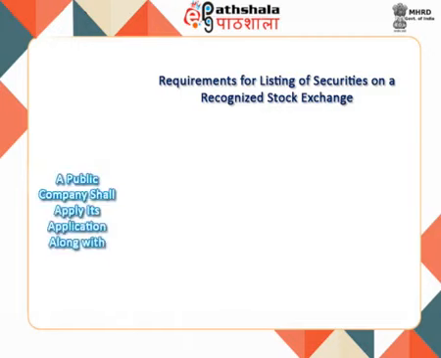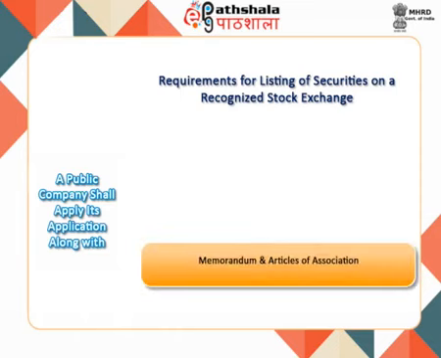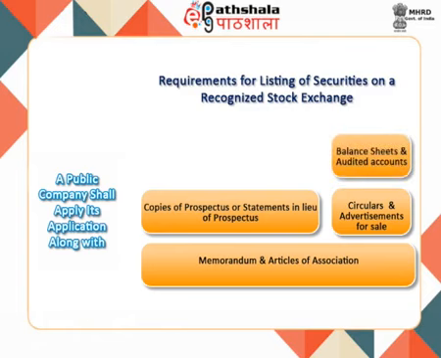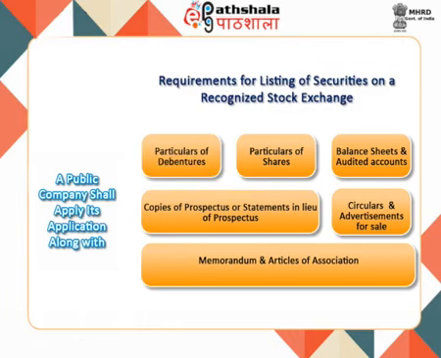A public company desirous of getting its securities listed on a recognized stock exchange shall submit its application along with the memorandum and articles of association, copies of all prospectuses or statements in lieu of prospectus issued by the company, copies of offers for sale and circulars or advertisements, copies of balance sheets and audited accounts, and particulars of shares or debentures for which permission to deal is applied for, provided that a recognized stock exchange may in any particular case call for such further particulars or documents as it deems proper.